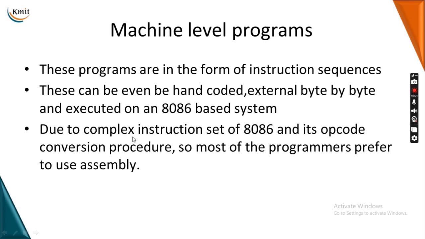Programmers prefer assembly language because we have a very complex instruction set in the 8086 system. We have n number of instructions which the 8086 uses for performing its tasks, and for each instruction there is some opcode, nothing but operational code, which is understandable by the machine.